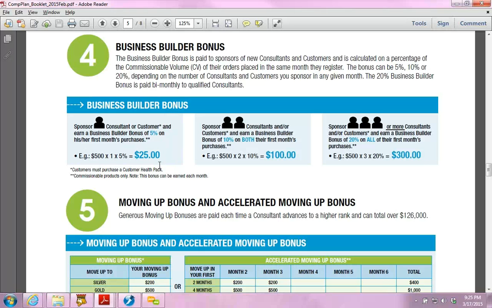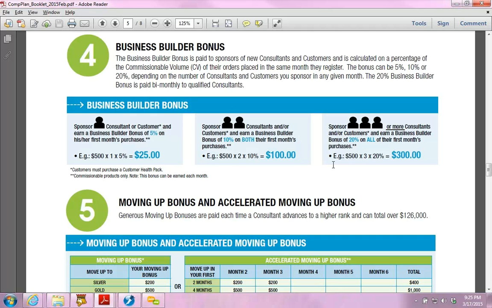That's nice. If you sign up 2 consultants for that same $500 package, then the bonus jumps. So you're getting a 10% bonus, which means now you're getting $100 in bonus. So $25 for one person, $100 for 2 people.